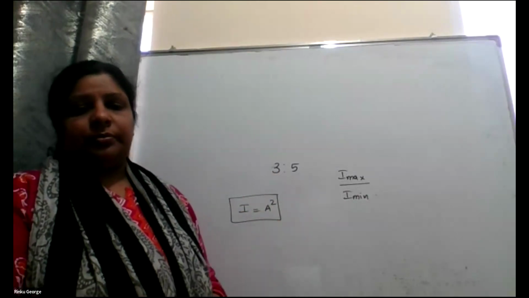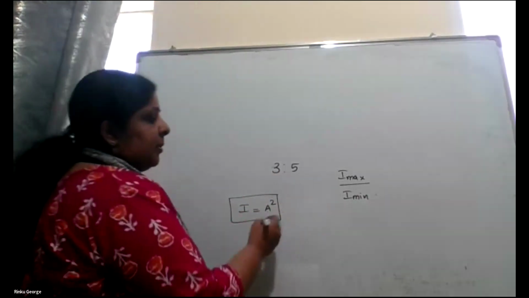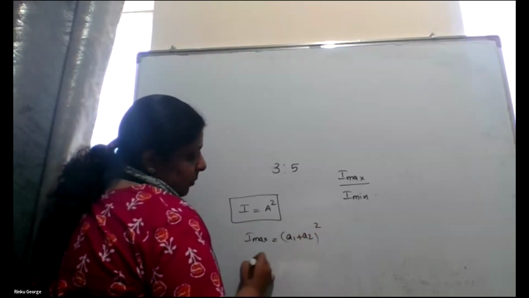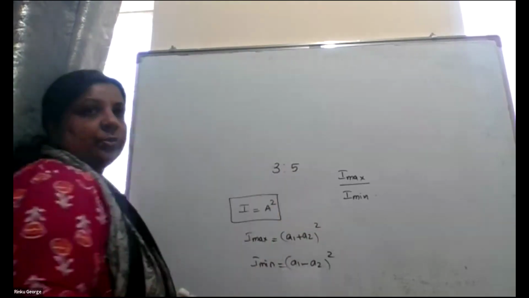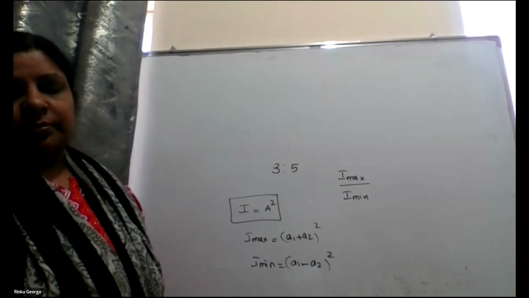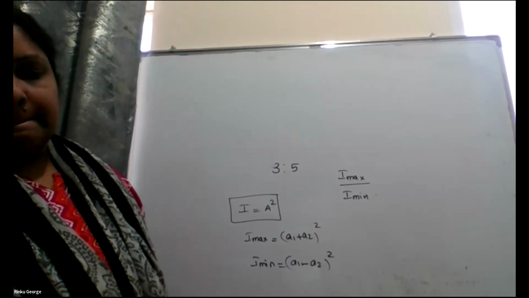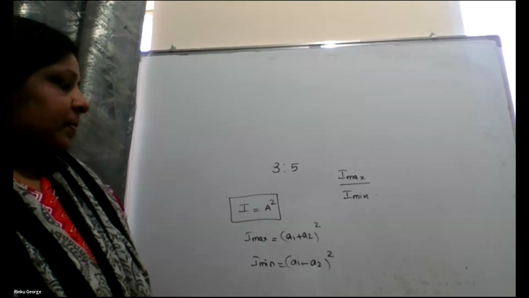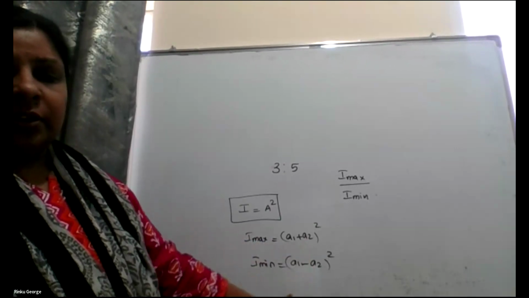For maximum intensity, I max will be A1 plus A2 the whole square, and I min will be A1 minus A2 the whole square. A1 and A2 are the two amplitudes.